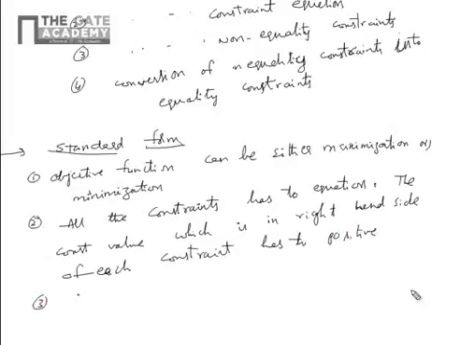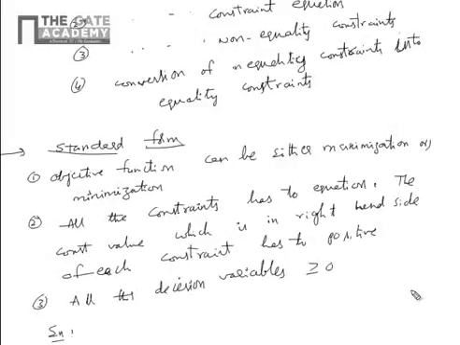Third one, all the decision variables has to be greater than 0. All the decision variables has to be greater than or equal to 0. This is about standard form.